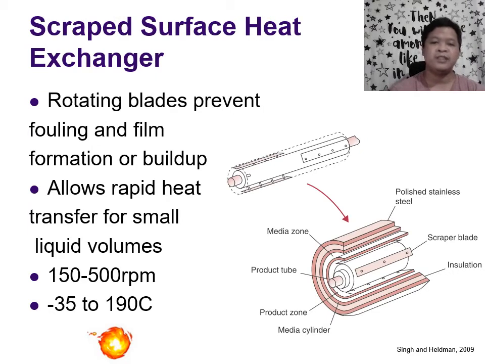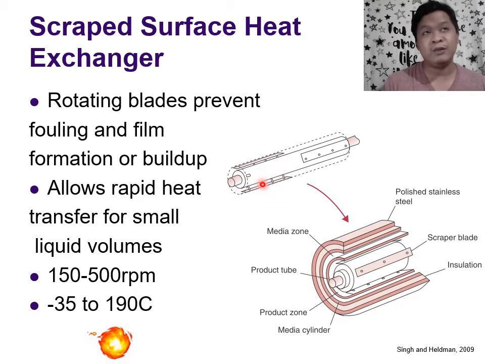So scraped surface heat exchangers can be used for both heating and cooling. This in particular is the one we use for making ice cream in a continuous process, no? So what it does is, as heating or cooling occurs, you have some sort of wiper blades over here that scrape the surface of the pipe, usually where the product is flowing through.